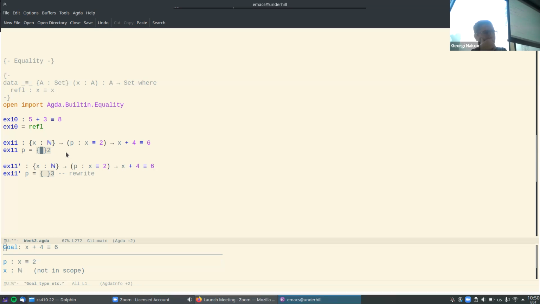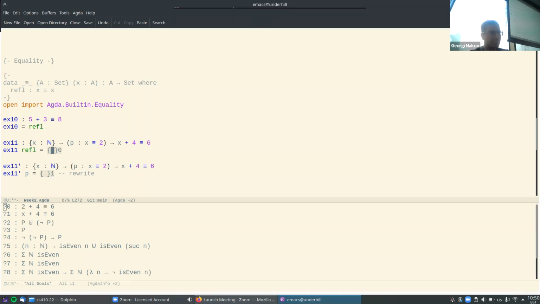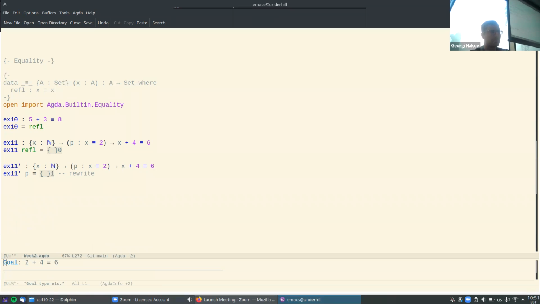However, if we pattern match on our assumption, something cool happens. Agda is willing to go, which constructor was P made by? Well, there's only one constructor of the equality type, and that's reflexivity.